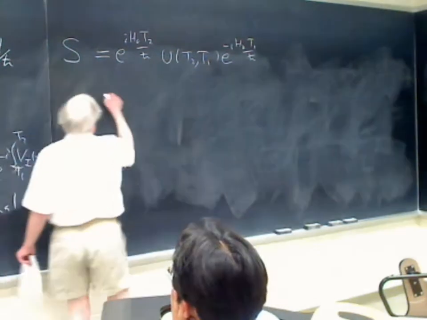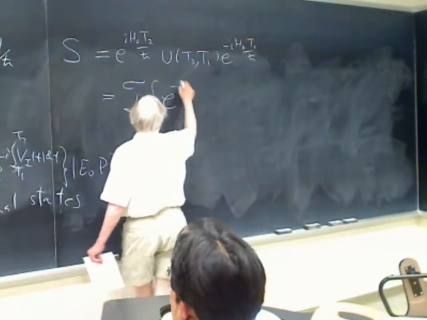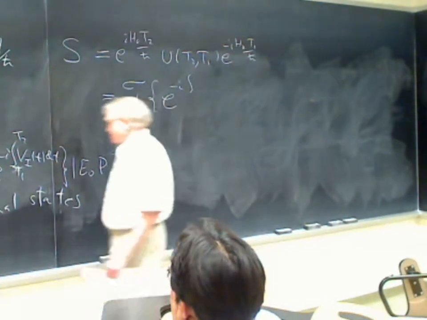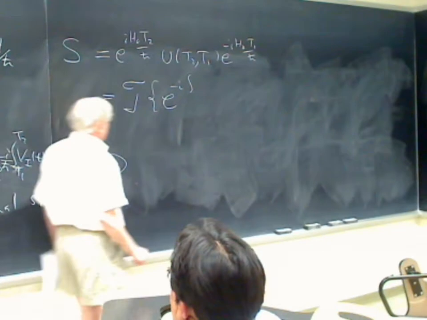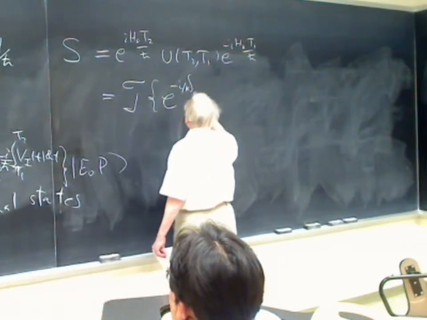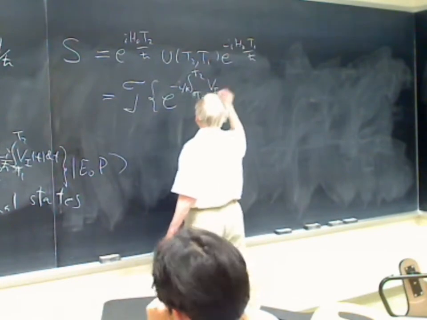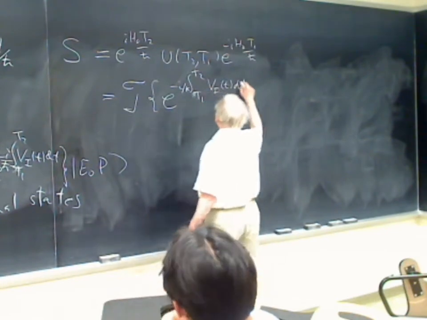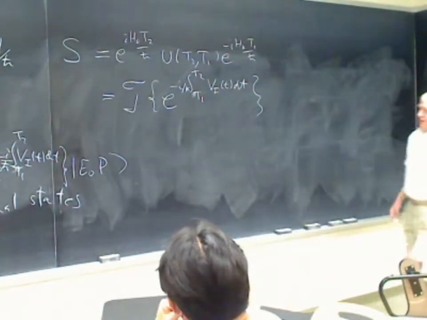And that would simply be the time-ordered product of the exponential. I sometimes leave out these h bars. Integral t1 to t2 of V_I(t) dt. So this is the S operator.